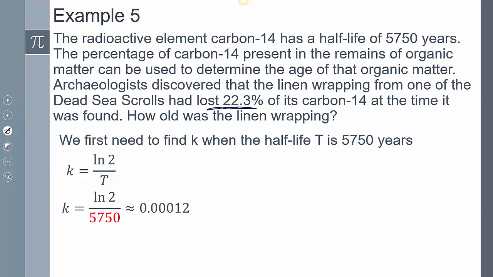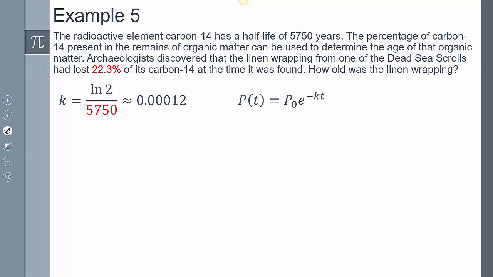And my T is going to be the half-life of 5,750 years. And so I get this as my k. And so now in my next piece, knowing that this right here is my k, I'm going to be substituting information into this equation here to be able to solve what the time is going to be.